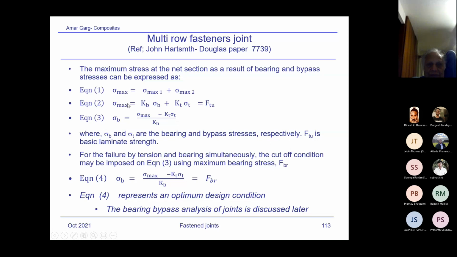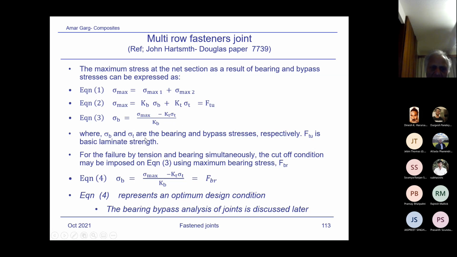So sigma max was due to bearing and bypass on those fasteners which I showed previously. You have sigma max 1, sigma max 2, KB sigma B, and KT sigma T. This is a similar expression to what I discussed for the single fastener. Again, this is very obvious to read here.